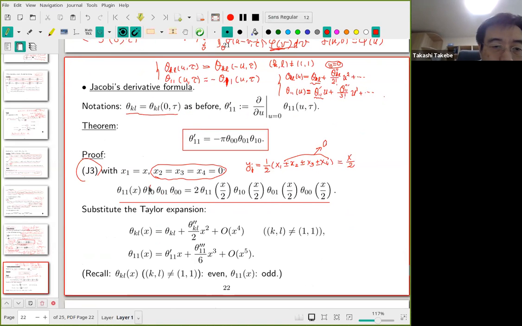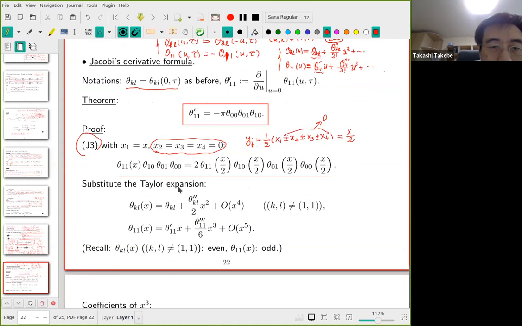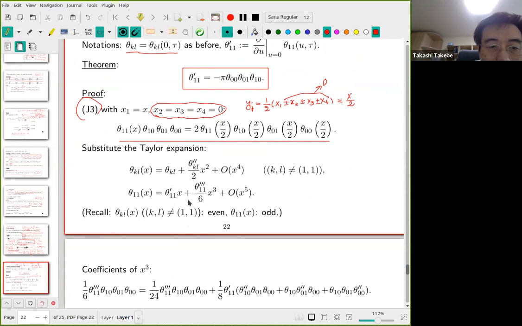Of course, we can write zero here, but it's a bit lengthy, so let us use such notation.